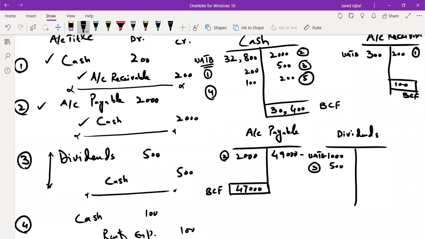From transaction number 3, your dividends are going up by 500. So your balance carried forward is now 1500, right?